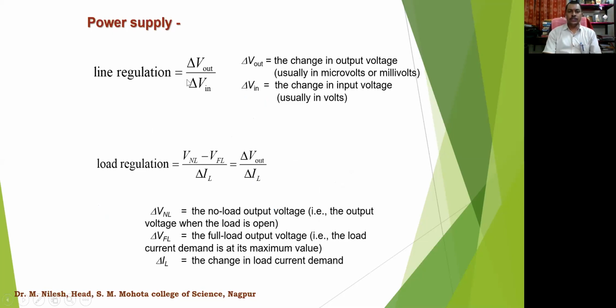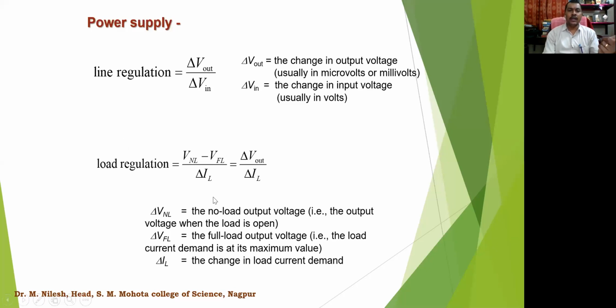So line regulation is defined as the ratio of change in the output voltage to the change in the input voltage. Whereas the load regulation is again the change in the output voltage, but in this case the change is taken as the difference of two voltages, voltage with no load and voltage with full load.